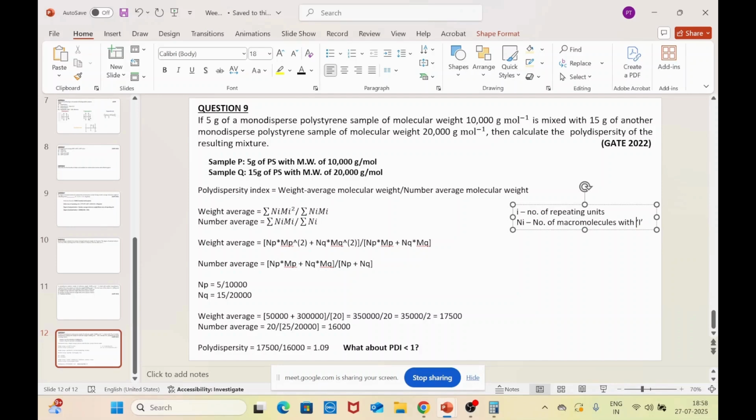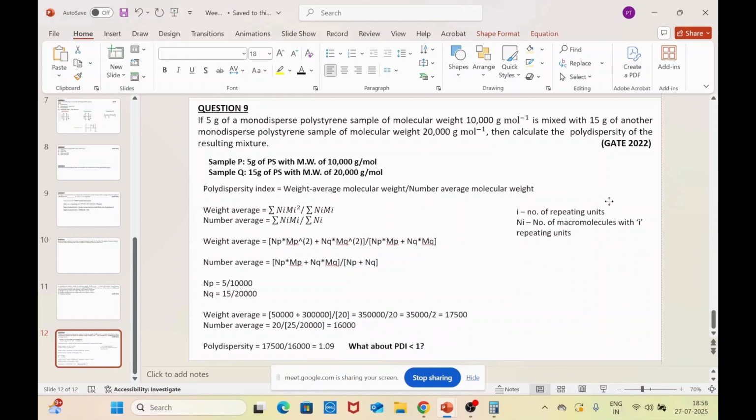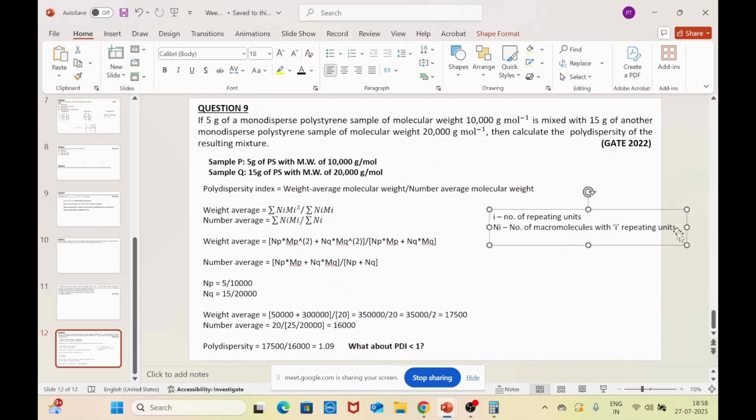Mi is nothing but the mass, not molar mass, mass of macromolecules with I repeating units.